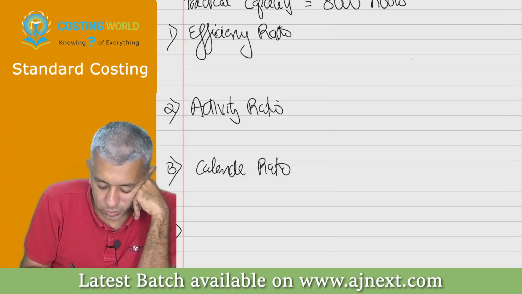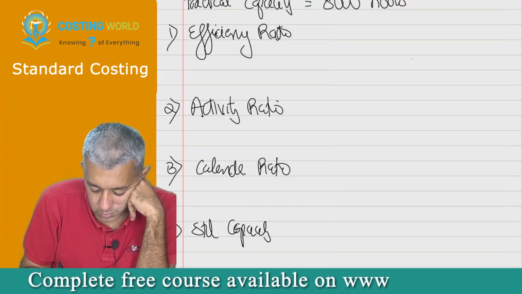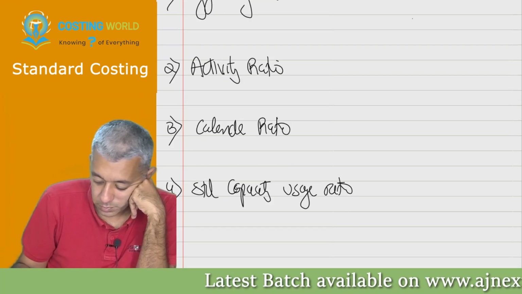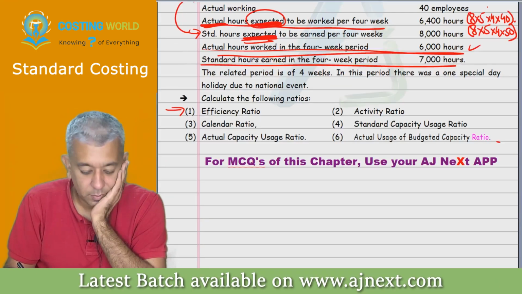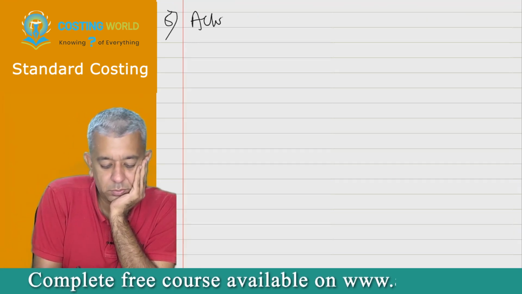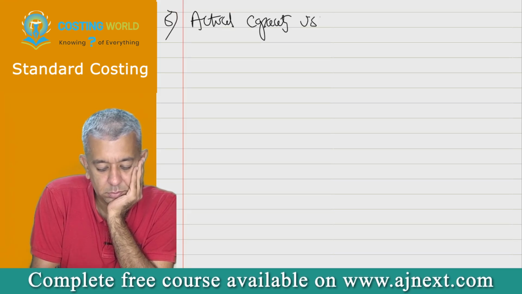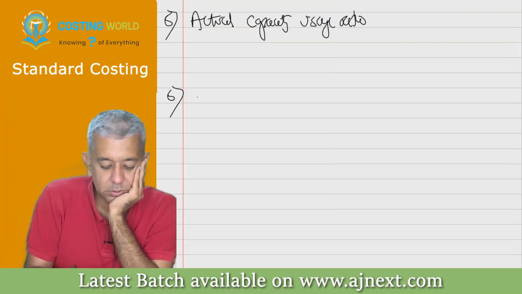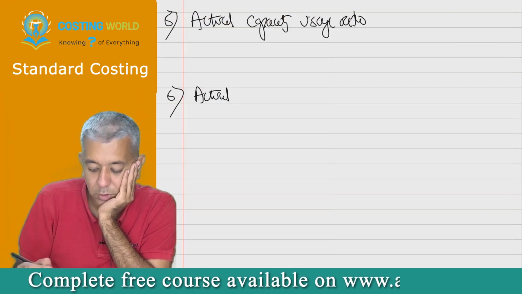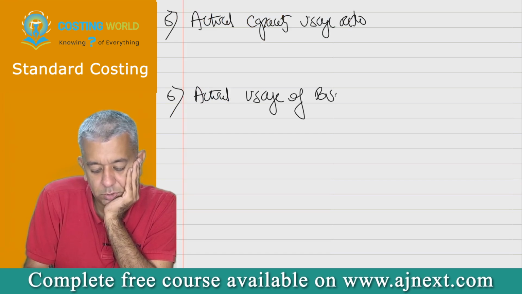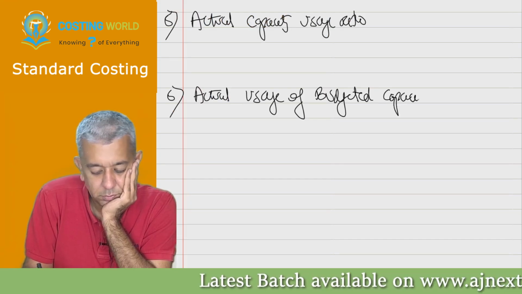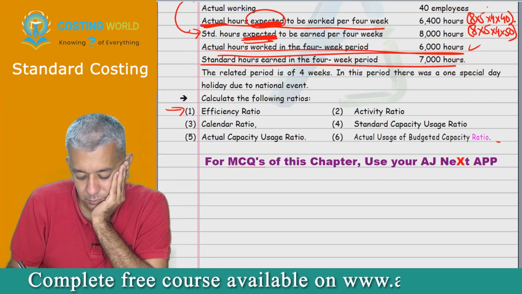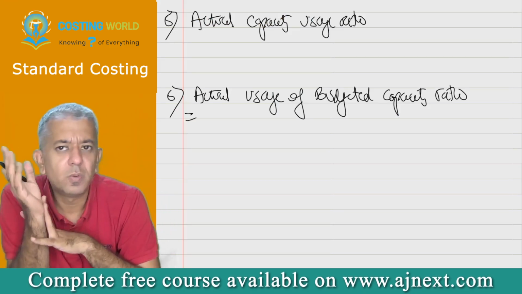Standard capacity usage ratio, fifth, actual capacity usage ratio, sixth, actual usage of budgeted capacity ratio, long name. Now, for some reason, I'll start with the last one.